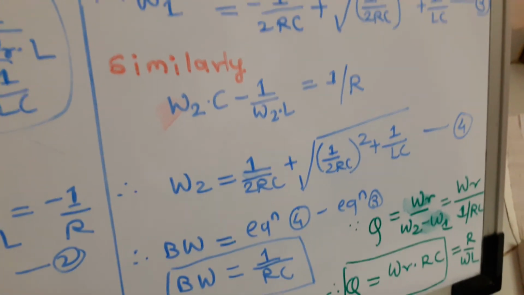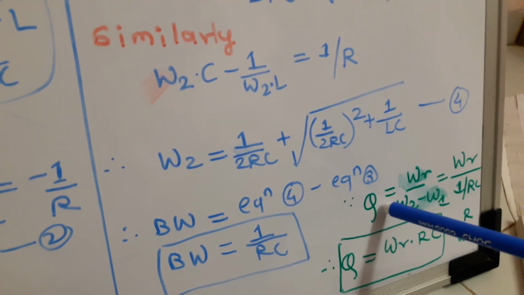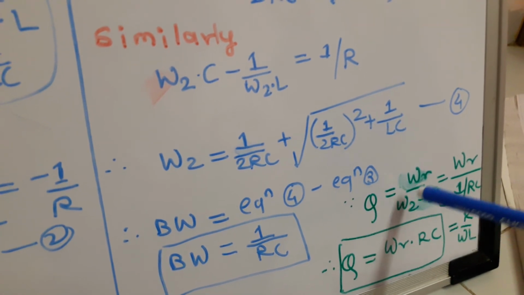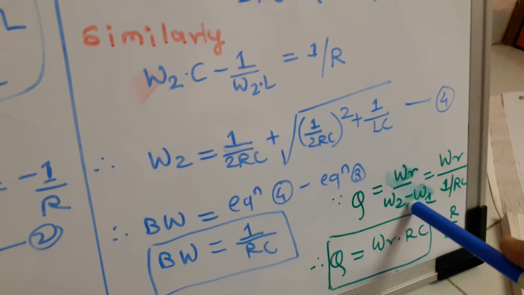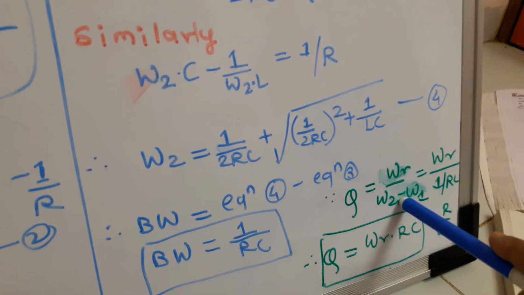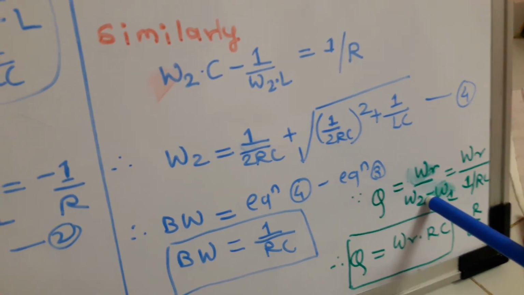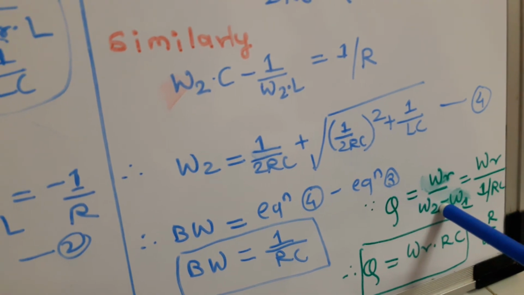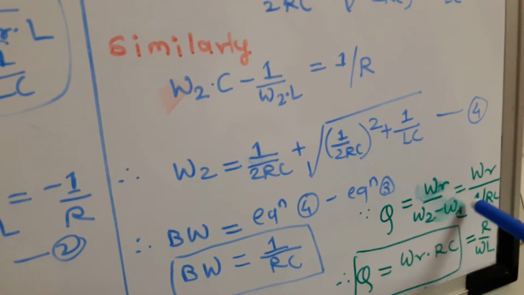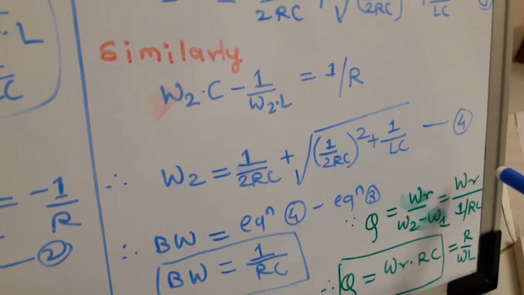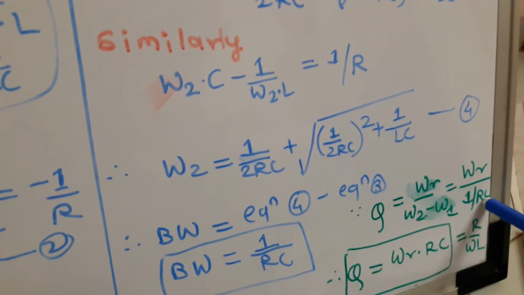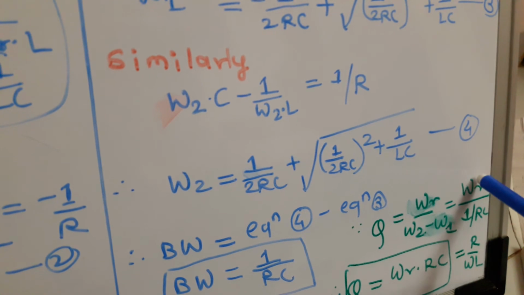Now again we can find the quality factor Q here. We know Q is equal to ωR upon ω2 minus ω1. This we have done for the series resonant circuit. So similar terms we can apply here. So Q is equal to ωR divided by ω2 minus ω1. Here ω2 minus ω1 is equal to 1 upon RC. So ωR divided by 1 upon RC, RC will be shifted to the numerator.